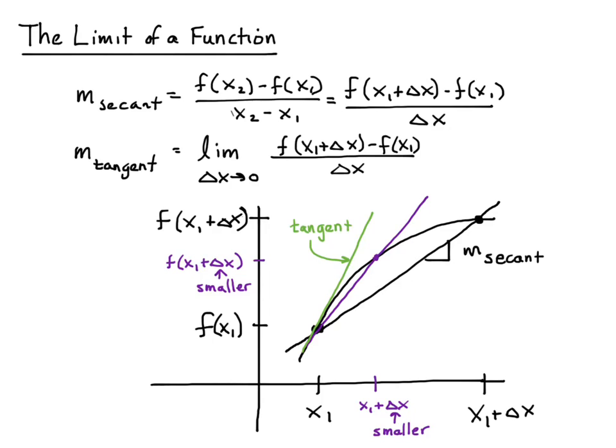Okay, so this definition is the slope of the tangent line, and we're going to say that the tangent line and the curve at this point have the same slope, or the same rate of change, the instantaneous rate of change of the curve.